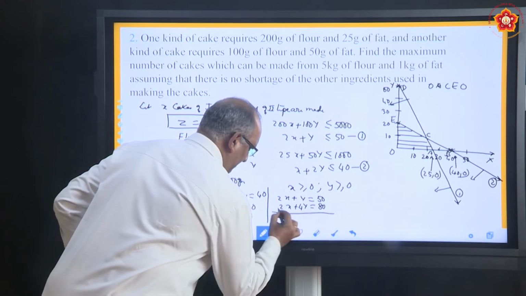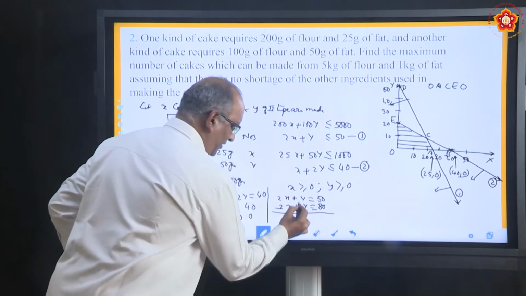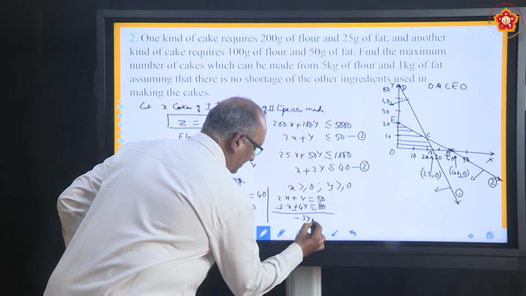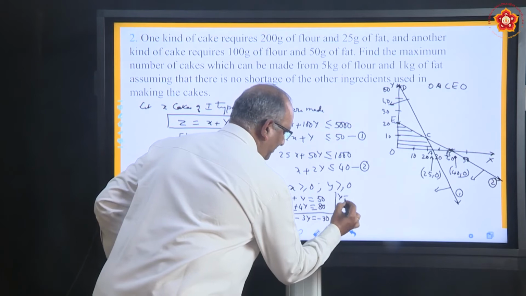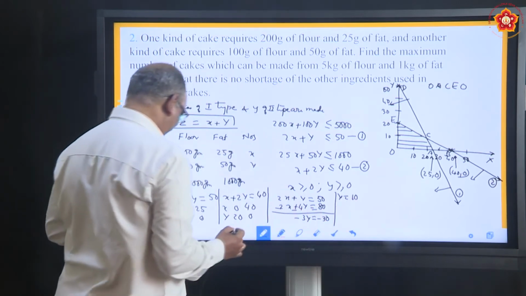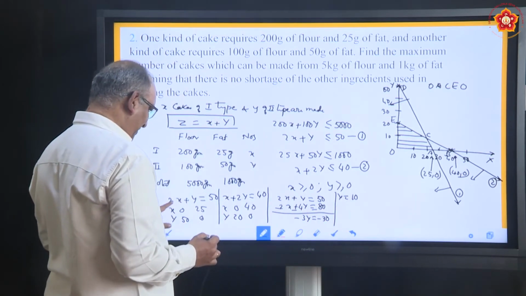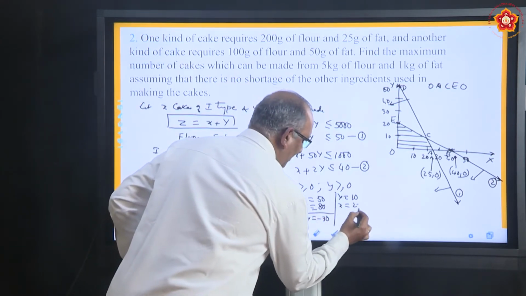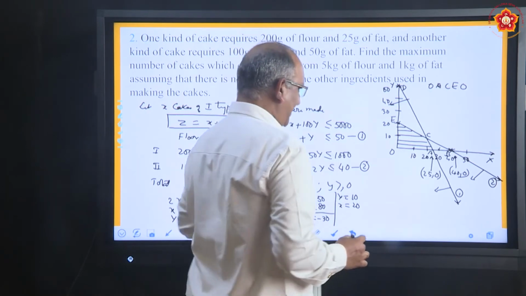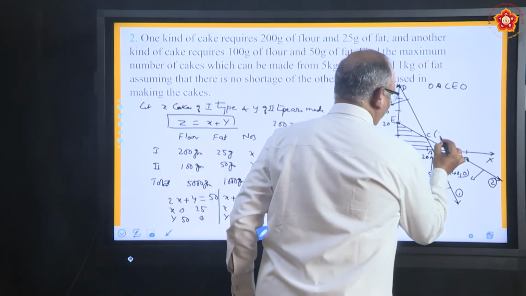Subtract, minus minus minus, you get minus 3y equal to minus 30, which will give you y equal to 10. If y equal to 10, if you substitute in this equation, you will get 2x equal to 40 and x equal to 20. So, this particular point C is 20 comma 10.